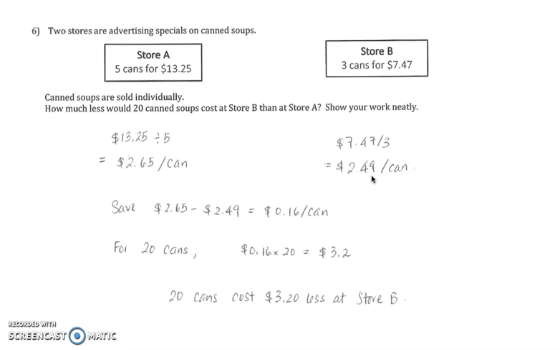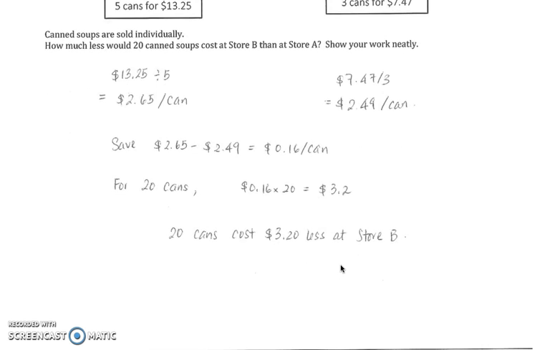How much do you save per can? Well, the difference here is 16 cents. If I'm paying for 20 cans, if I save 16 cents for 1 can, then for 20 cans, I multiply 16 cents by 20, which works out to $3.20. So 20 canned soups will cost $3.20 less at store B.